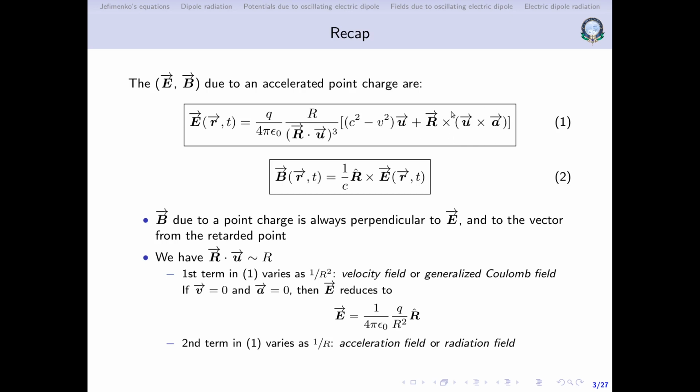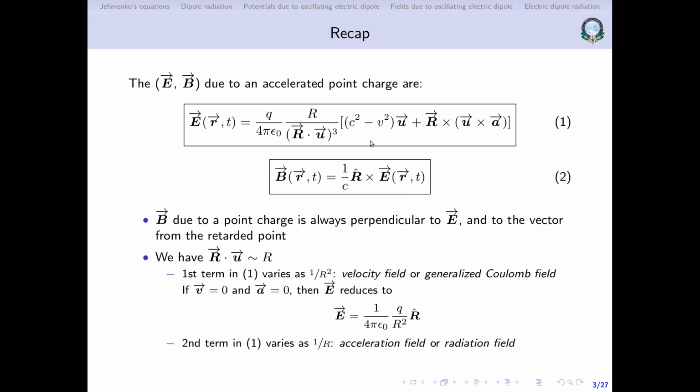It is known as the acceleration field or radiation field, because when we look at long range radiation, that is the electromagnetic waves which propagate to a long range, when capital R becomes extremely large, then not the first term but this is the term that is going to survive. So what we need to keep in mind is that any term which varies as 1 by r is what survives.